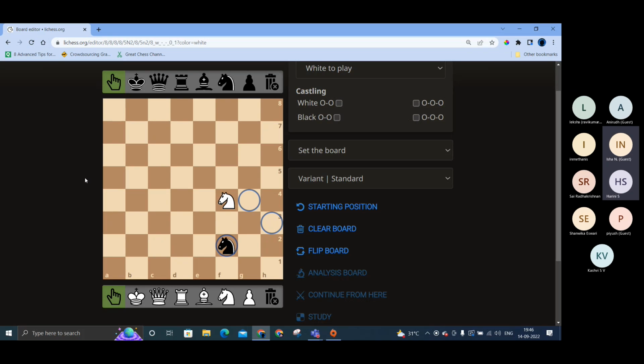Okay, very good. Shanvika, can you tell one more landing square for this F2 knight? Shanvika, are you there?